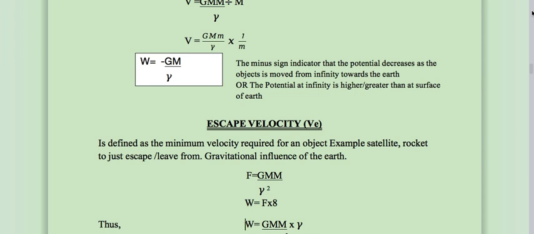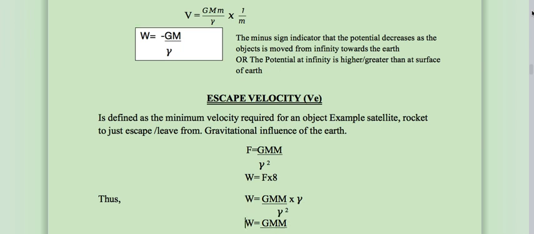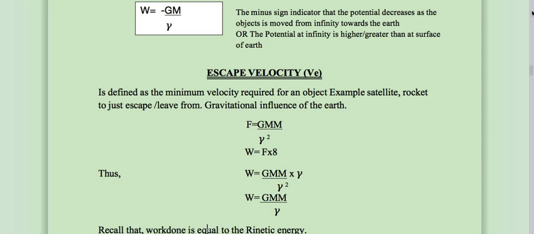When a satellite or a rocket is being launched, there is a minimum velocity required for such a satellite to leave this Earth if you want it to travel to space. And that minimum velocity is what we call escape velocity.